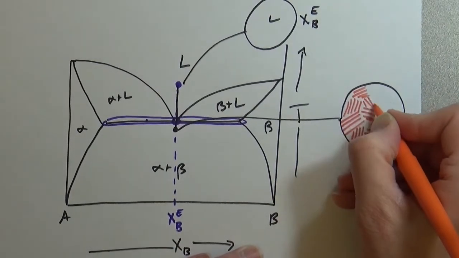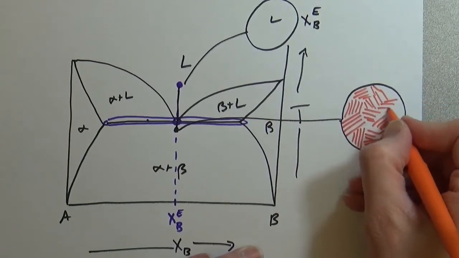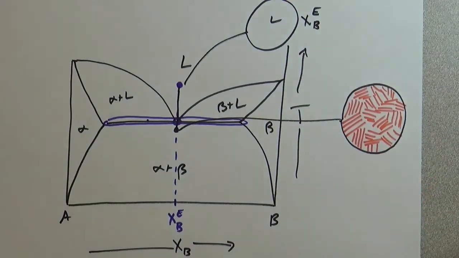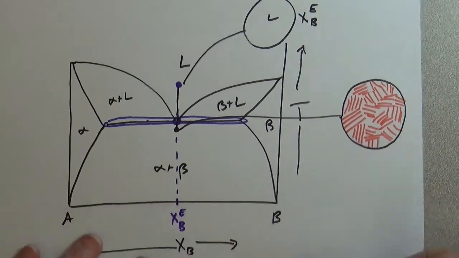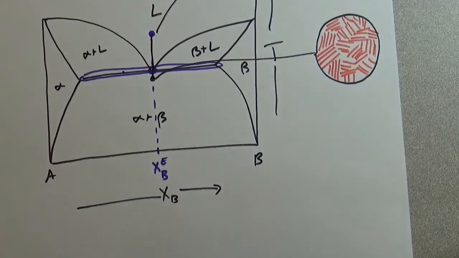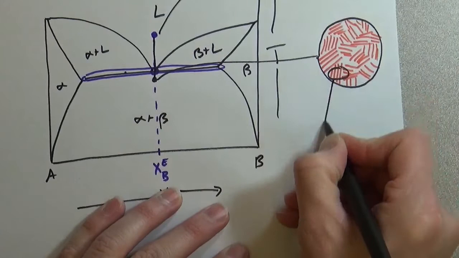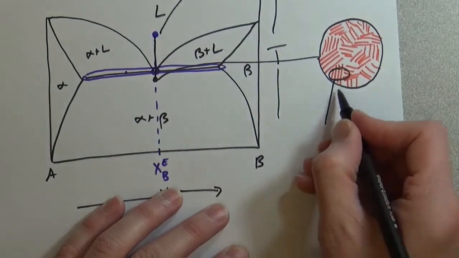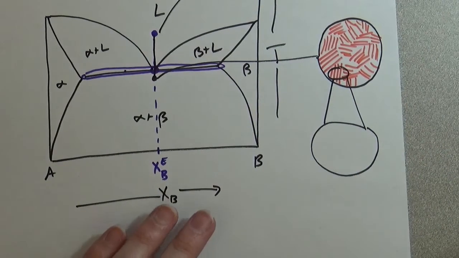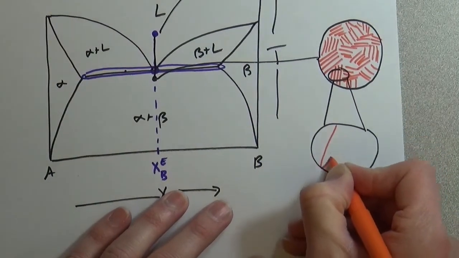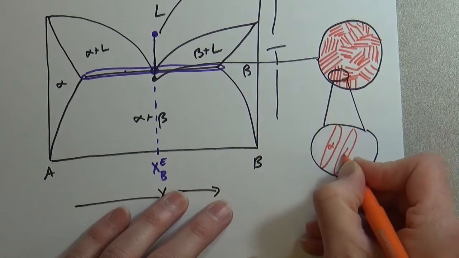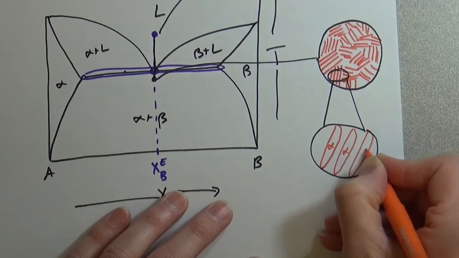It has these plate-like structures. And what this really is, if we zoom in here, is we have layers of alpha separated by beta.